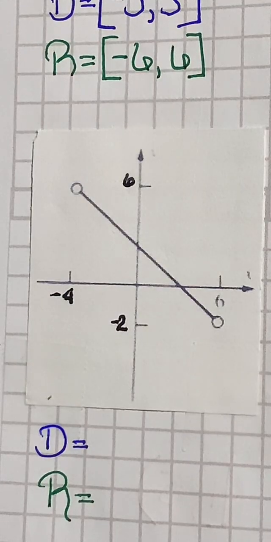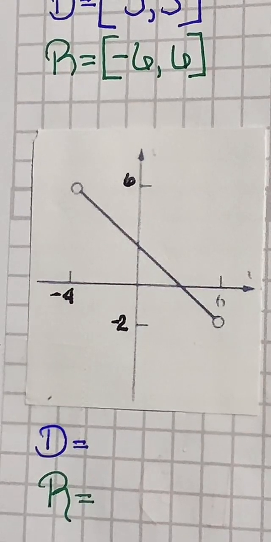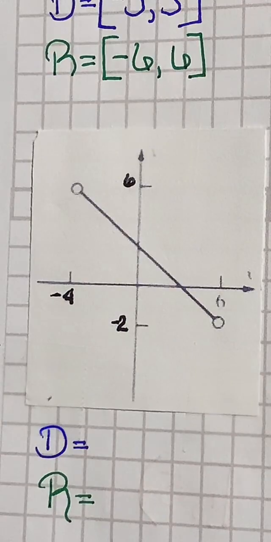Okay, Jan saying domain is negative 4 and 6. Marvelli is negative 4 and 6. Good for domain. Okay.